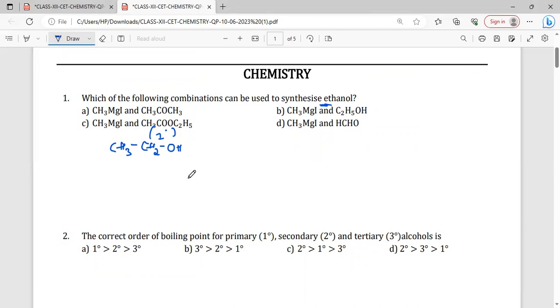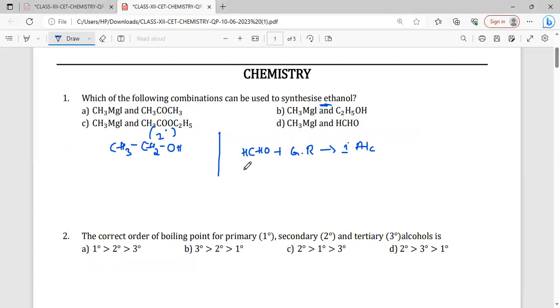Just observe the options over here. All the reactions are Grignard reactions. When formaldehyde reacts with Grignard reagent, we will be getting primary alcohol.